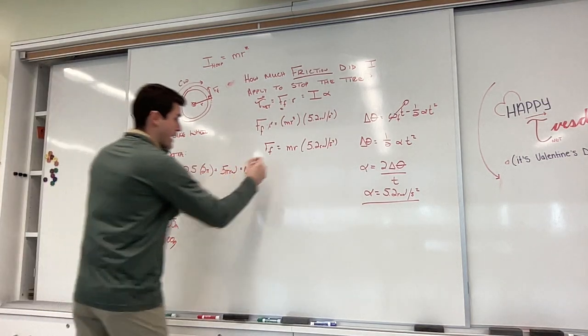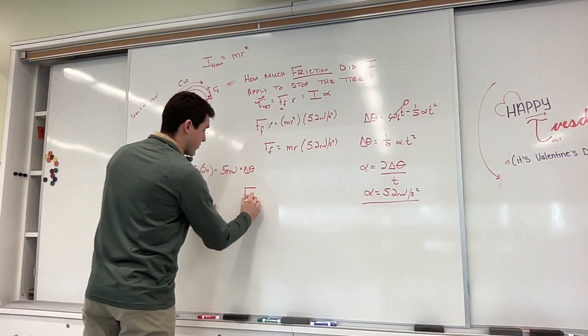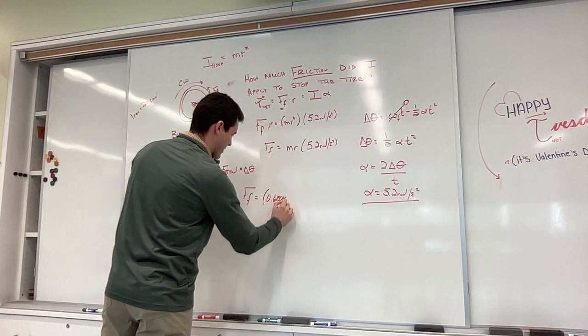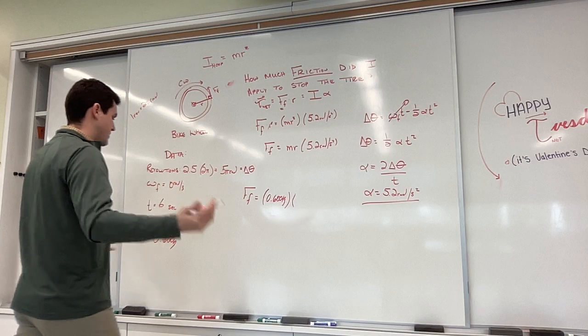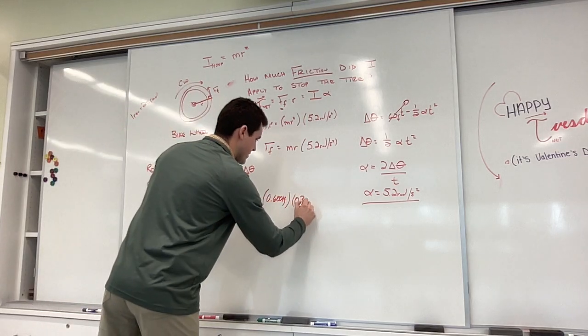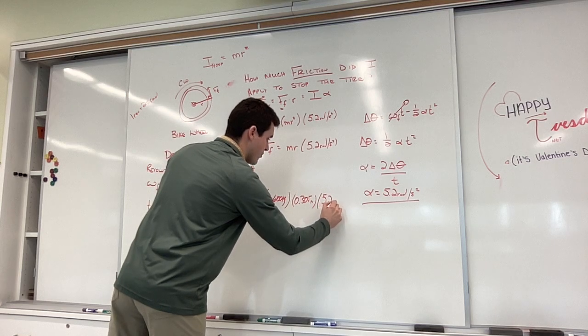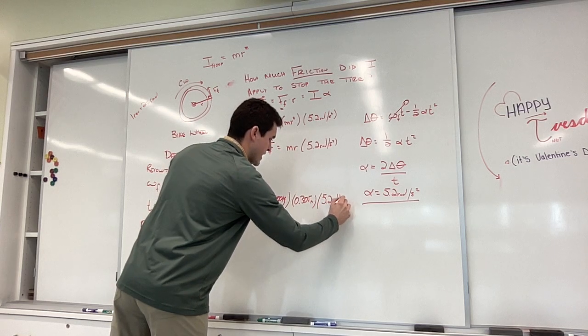All right, now let's plug some numbers in. Force of friction is equal to 0.600 kilograms times the radius, which we said was 0.305 meters, times 5.2 radians per second squared.